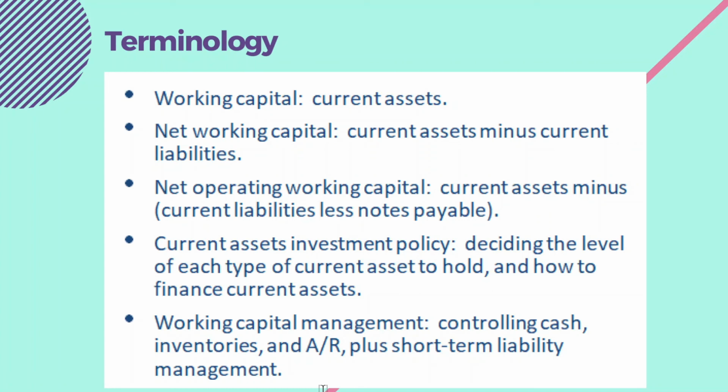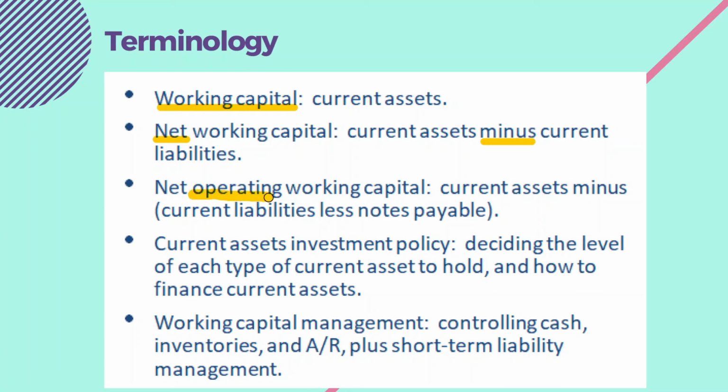Let's look at the terminology. When we refer to working capital, we refer to operating short-term assets or current assets. The term "net" in net working capital refers to current assets net of current liabilities, or current assets minus current liabilities.